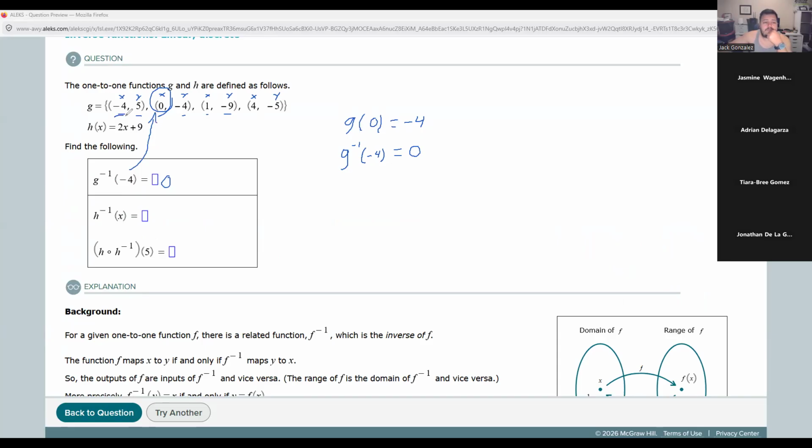Because these are all inputs and outputs, right?